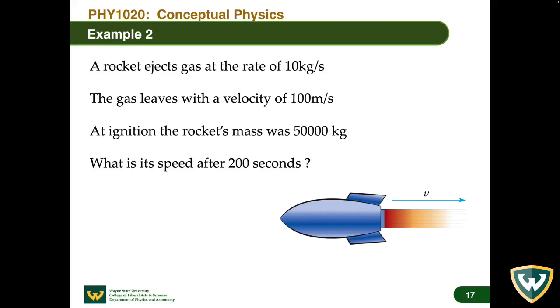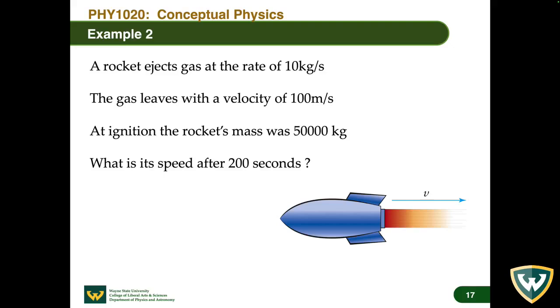Now we have to think a little bit, because we know that we cannot strictly apply F equals ma, because the mass of the rocket is changing. As the rocket ejects gas to accelerate, its mass is constantly decreasing.